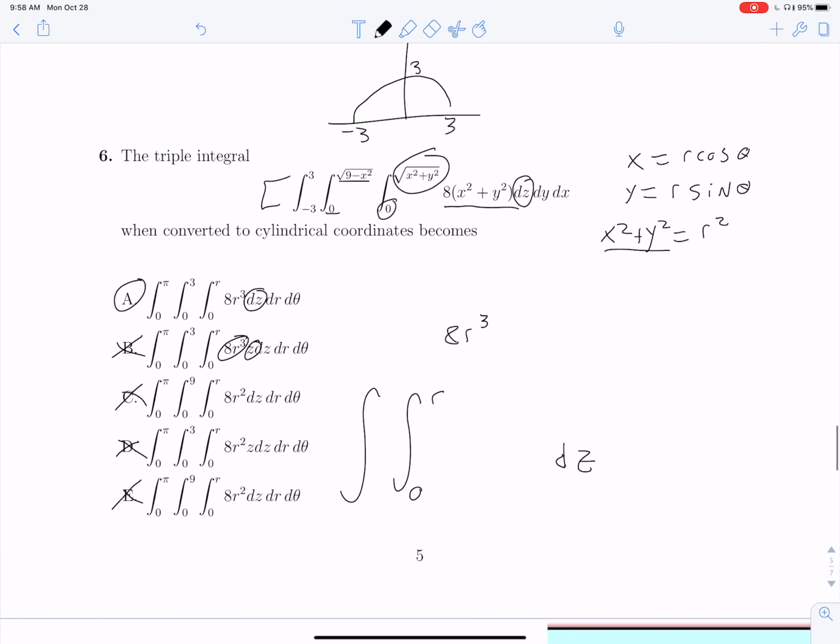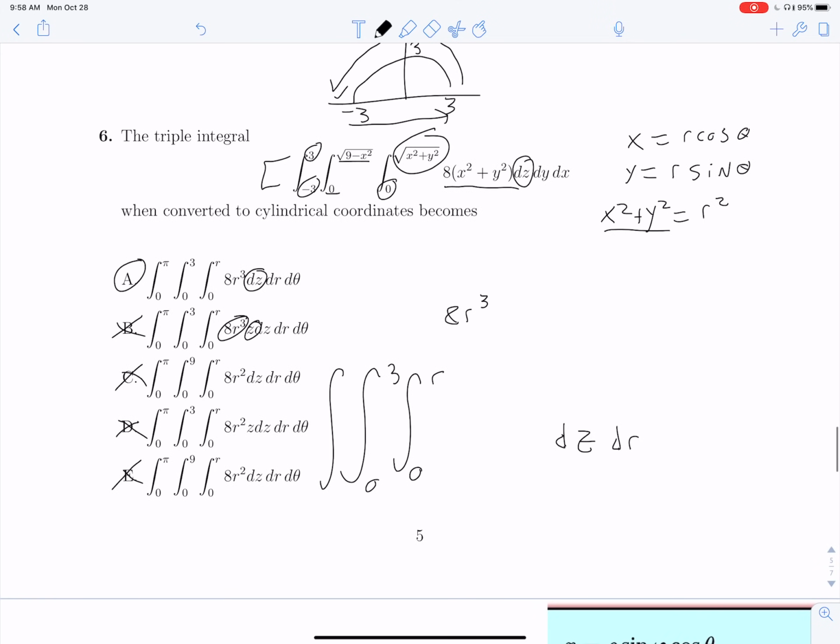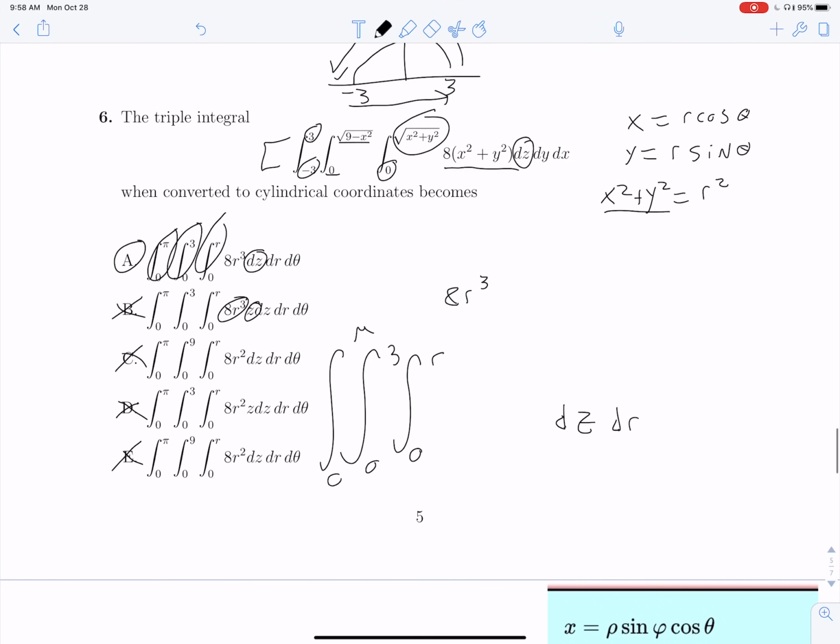And so r runs from 0 to 3, and since x is running from -3 to 3 up here, we know that theta is running from 0 to pi to meet that requirement. And that's exactly what we've got over here. But it's these little things, like if you didn't see that z, or if you computed these three, it would be pretty easy to just choose B by accident without noticing that little z that they snuck in there.